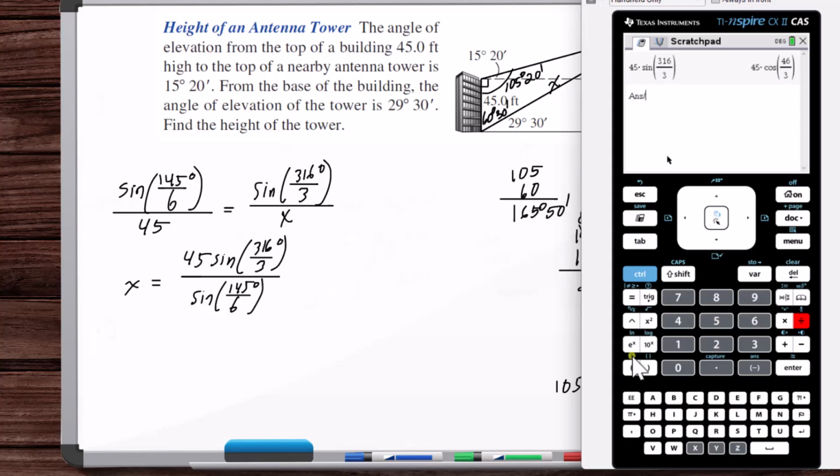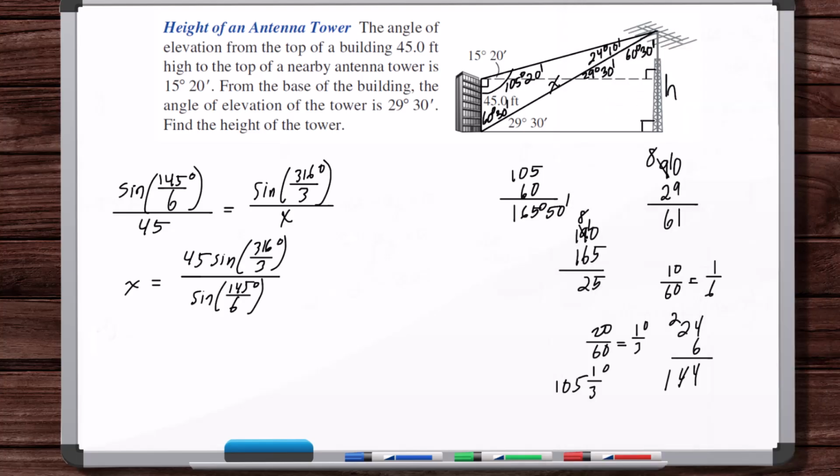All right, now divided by sine of 145 over 6. Okay, so that's 106.006 feet. Okay. So now what we can do is we can say that the sine of this angle is opposite over hypotenuse.